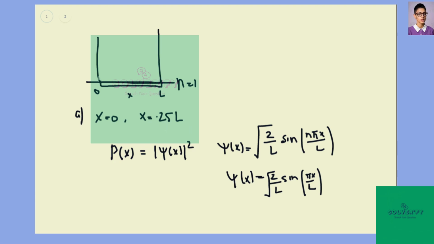So that means it's between this point and 1 over 4. If this is half, this is 1 over 4. So this region is A.